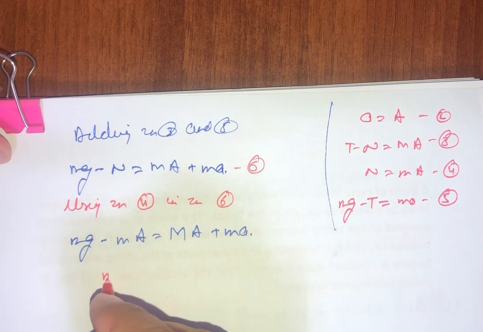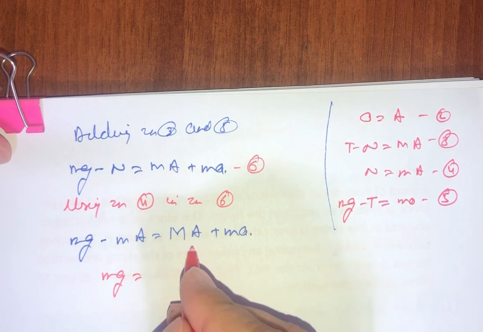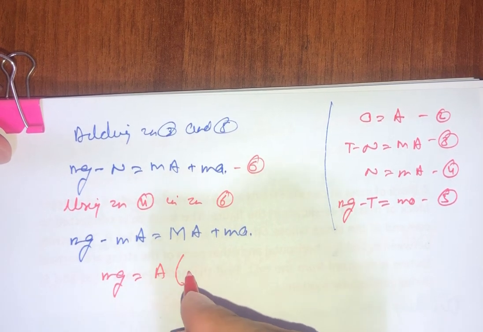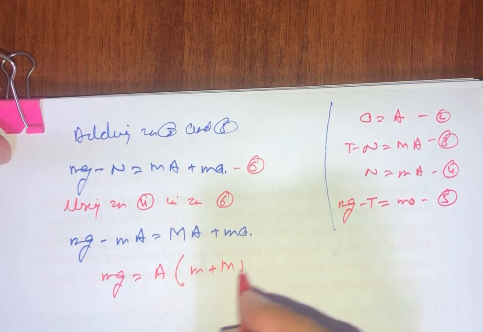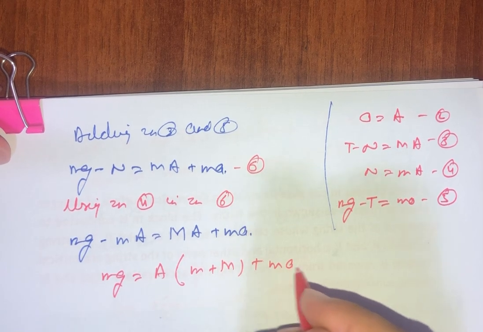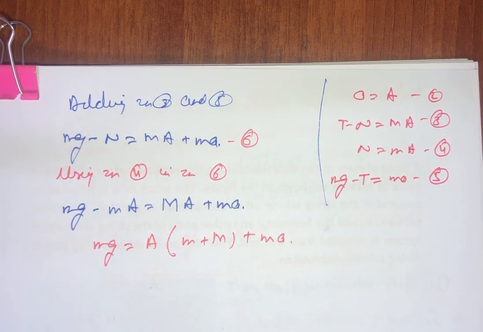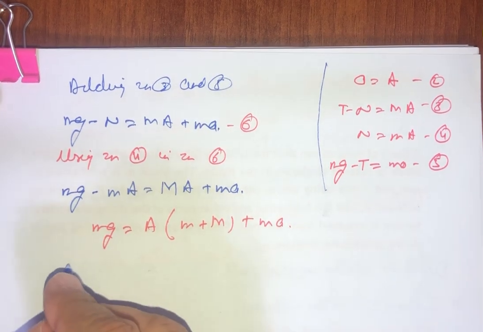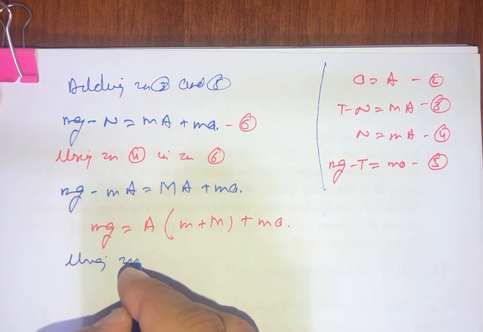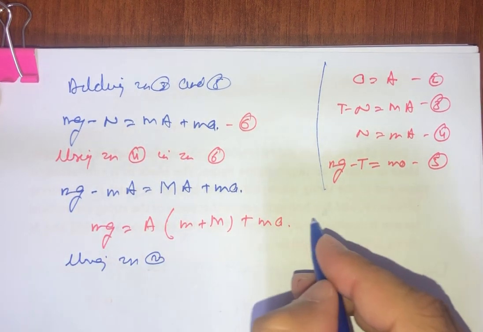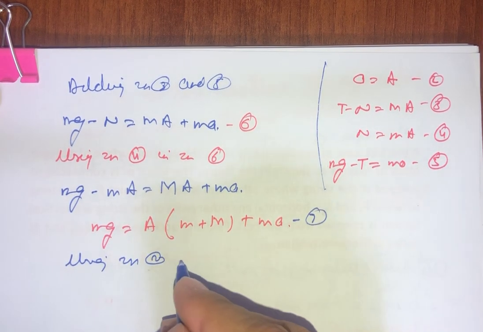So we can write from here mg is equal to, if we take capital A as common, we get m plus capital M plus small a, and we already know equation number 2, so we write using equation 2. Using equation 2, let us call this equation number 7.